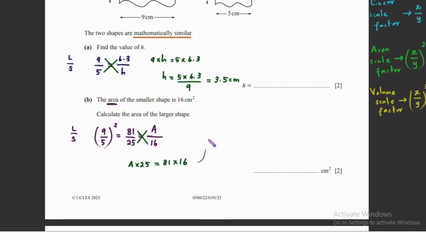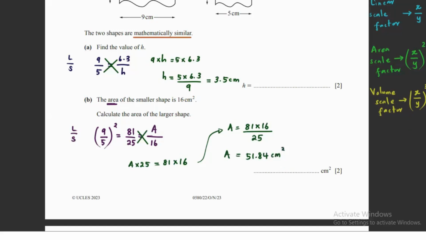To find A, I need to multiply 81 by 16 and divide that by 25. When I do this, I end up getting 51.84 square centimeters as the value for A, which means this is the area of the larger shape.